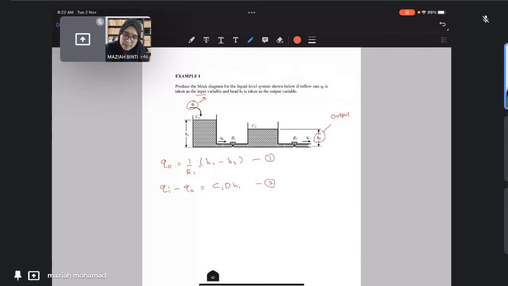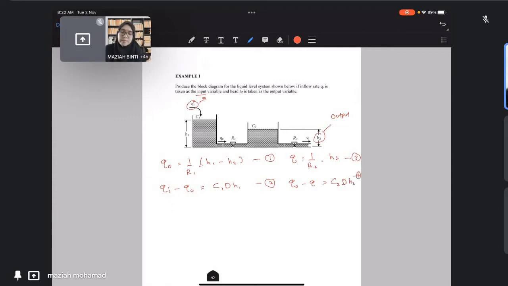And then for tank number 2, Q is equal to 1 over R2 multiplied with H2. That is the third equation. Then Q0 minus Q: the input to the second tank is Q0, and the output is Q, equal to C2 dH2. That is our fourth equation.